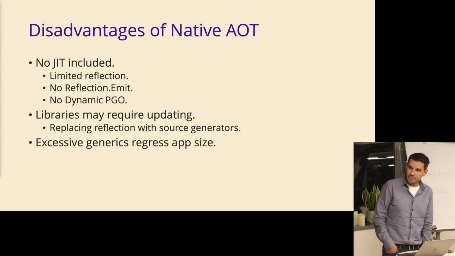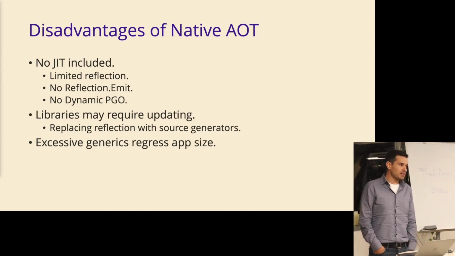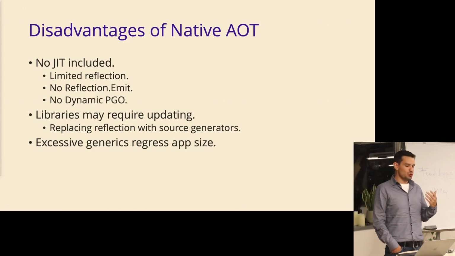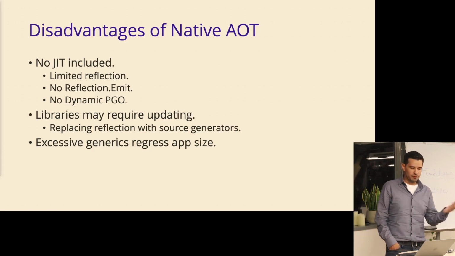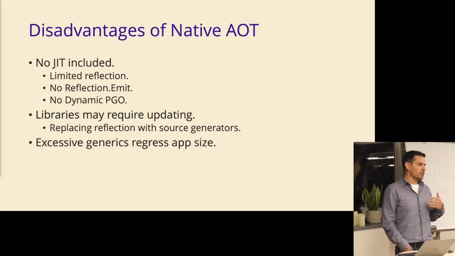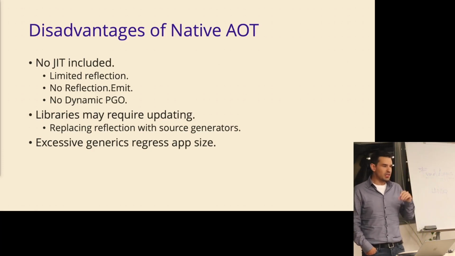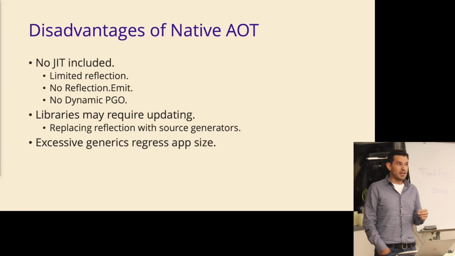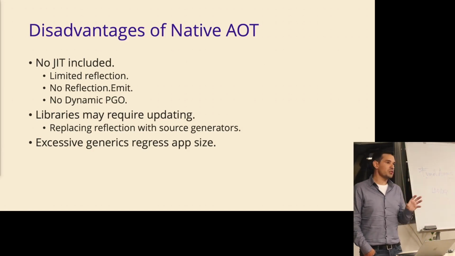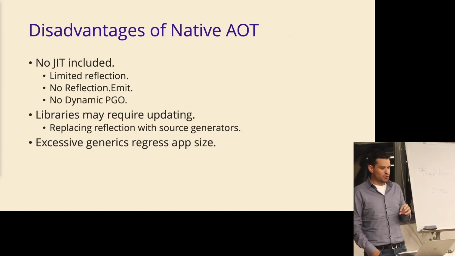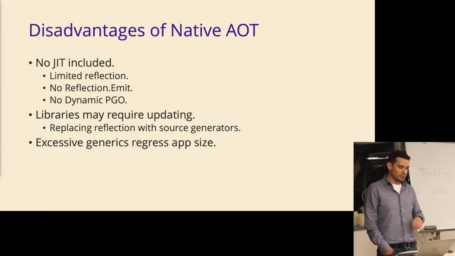And by extension, that means that if your application depends on libraries, and these libraries do perform unsupported reflection or do perform runtime code generation, chances are your application won't work because the library itself will need to get updated to support Native AOT itself. And that is typically not an easy exercise.